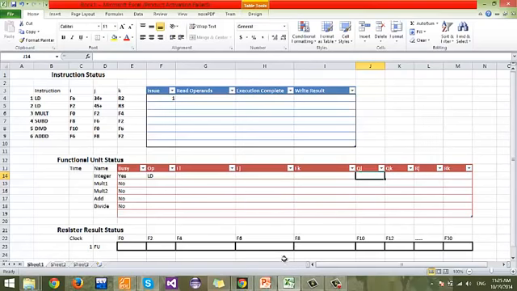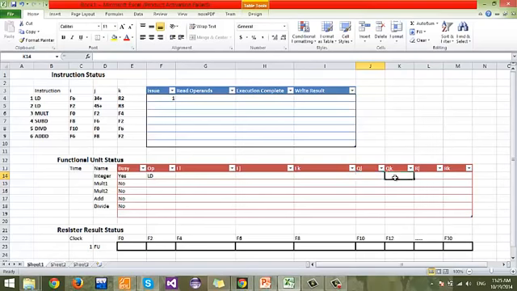For example, if we have Fj as F6, F6 is the first source operand, and if integer or mul1 or mul2, or another instruction, is going to produce the result F6, then we should write the name of that functional unit in Qj.